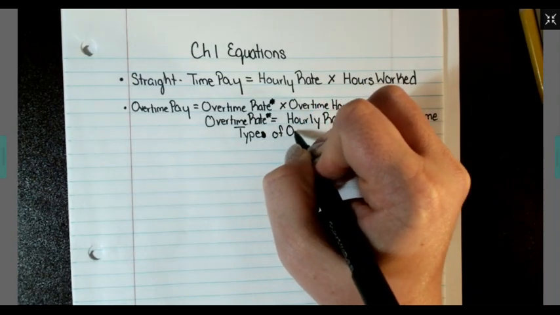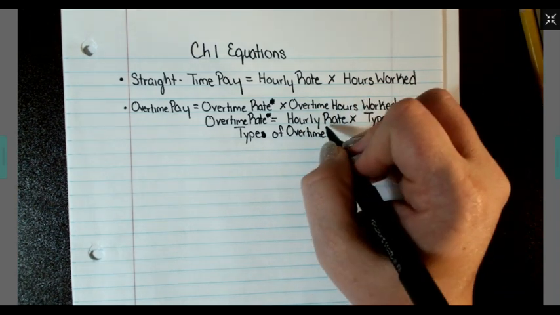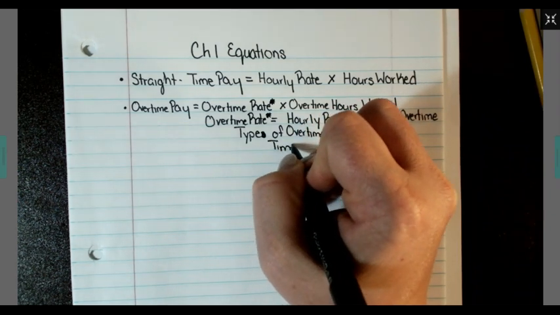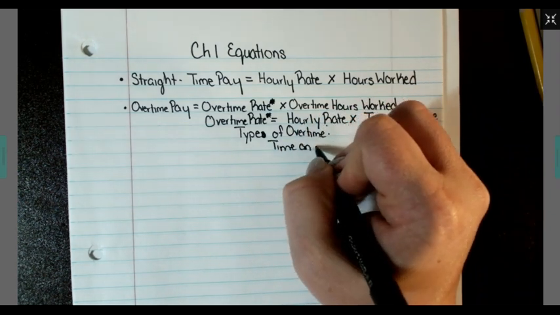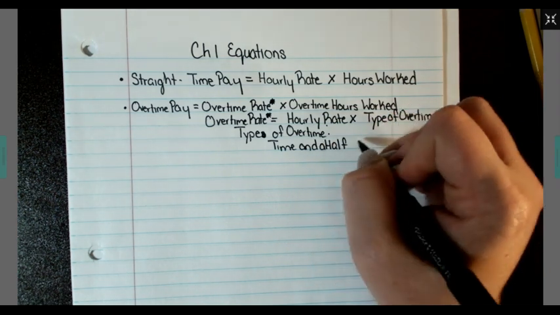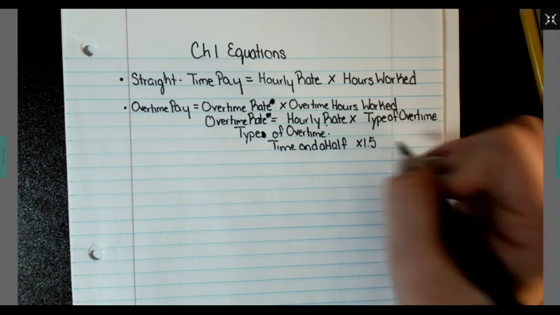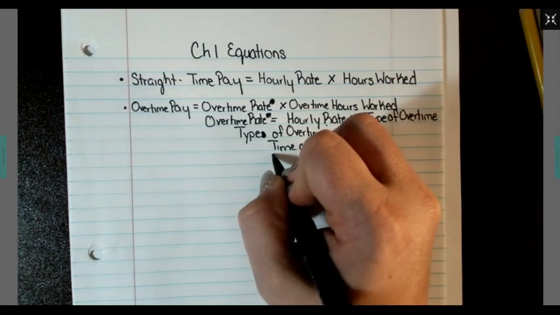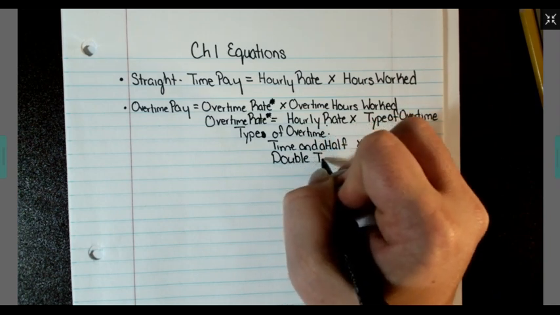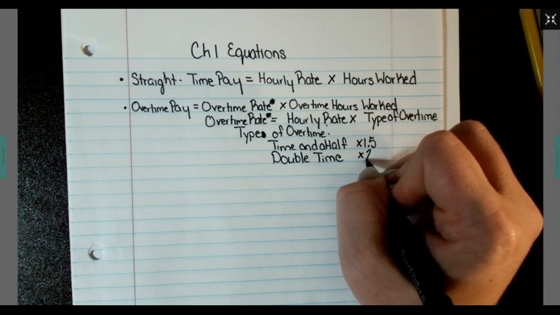Our types of overtime are time and a half, which is times 1.5, or you could have what we call double time, and that is a multiplication of 2.